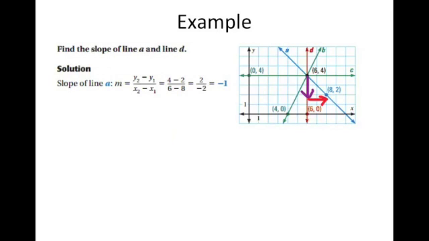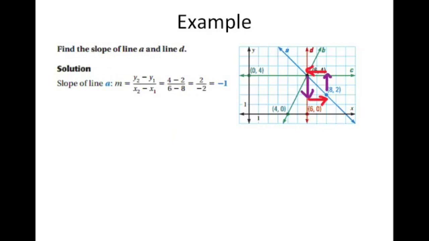Another way to do it is we can say that it's actually a positive rise if we go from 2 to 4, and then it is a negative run if we go from 8 to 6. So whether you start at the point (6, 4) or you start at the point (8, 2), it doesn't matter. You'll still get the same slope.